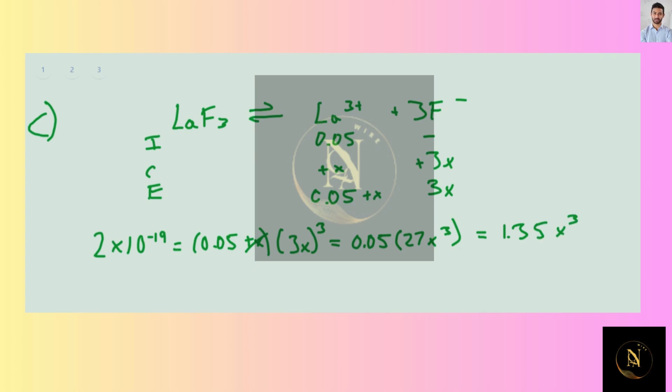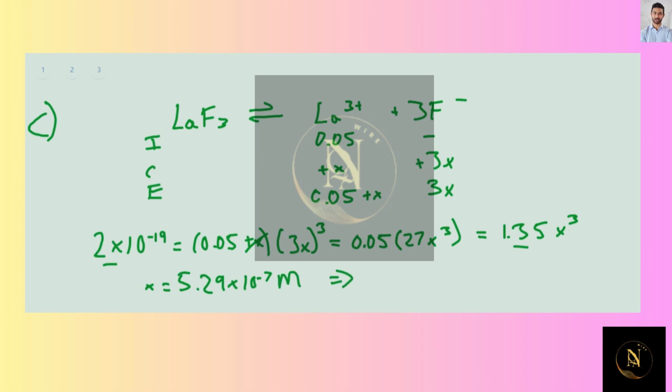So we solve for x by dividing both sides by 1.35 and taking the cube root, and x is equal to 5.29 times 10 to the minus 7 molar.